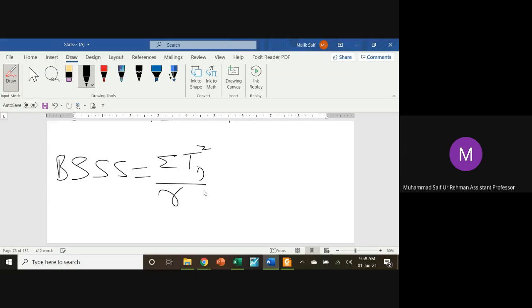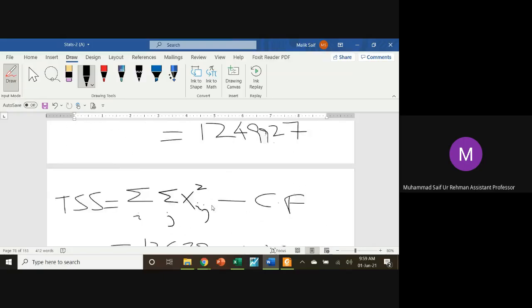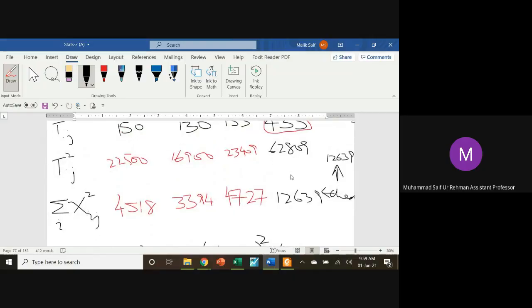Because there are rows involved in the columns, so you divide by R. 5 rows are there, and you have to subtract the correction factor from this. All these values are there in the table. Summation T dot j square, this was the value 62809.